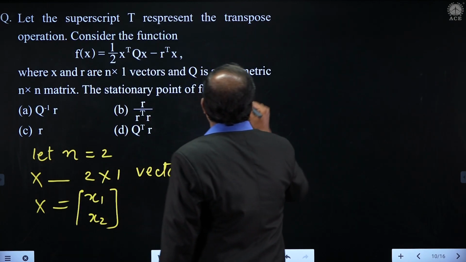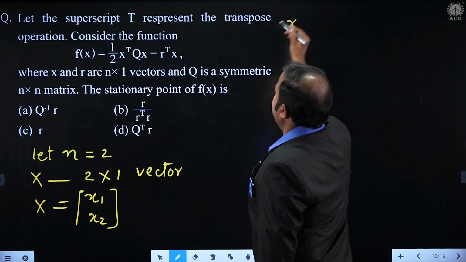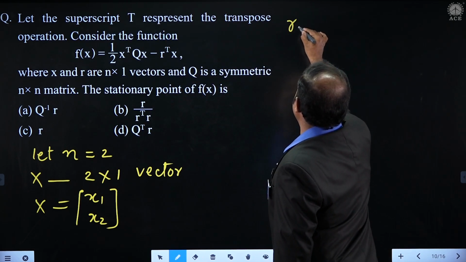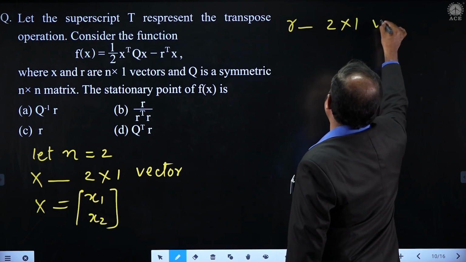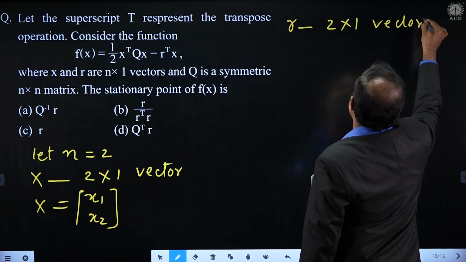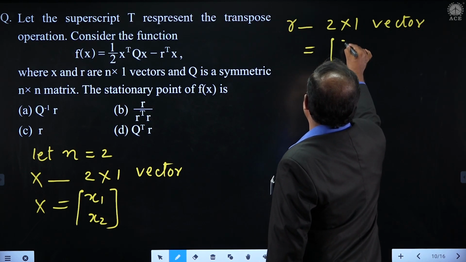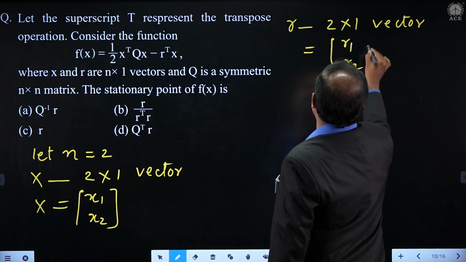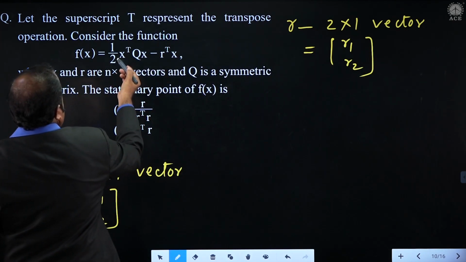Next, r is an n by 1 vector, that is r is also a 2 by 1 vector. So, let us take r as r1, r2, right. Next one is what?